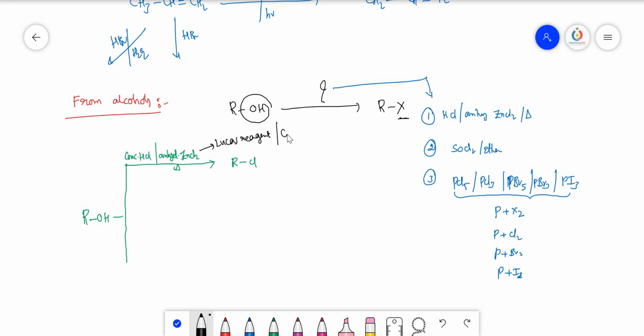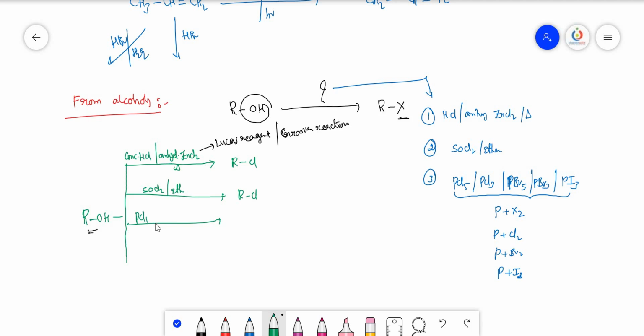But the name of this reaction is Groove's reaction. The name is different, the reagent is different, and this reaction is helpful in the identification of the type of alcohols, primary, secondary and tertiary.